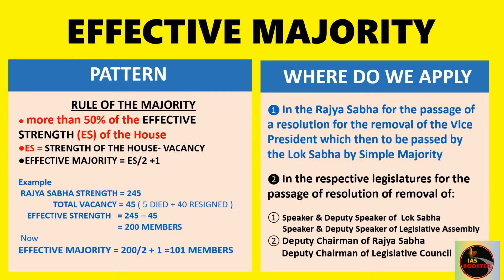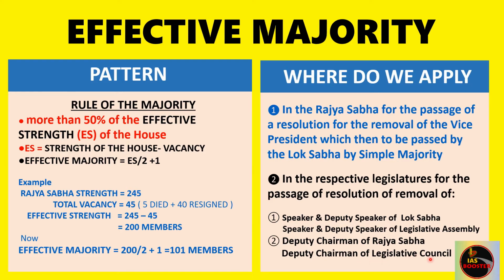Next case. In the next case, it is used for passing a resolution for the removal of the Speaker and Deputy Speaker of the Lok Sabha, Speaker and Deputy Speaker of the Legislative Assembly, Deputy Chairman of the Rajya Sabha, and Chairman and Deputy Chairman of the Legislative Council.